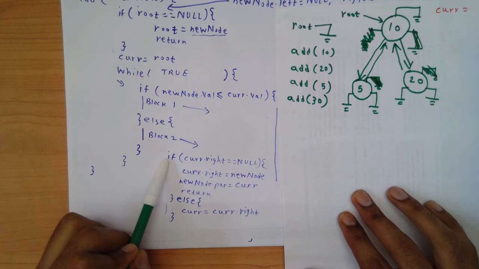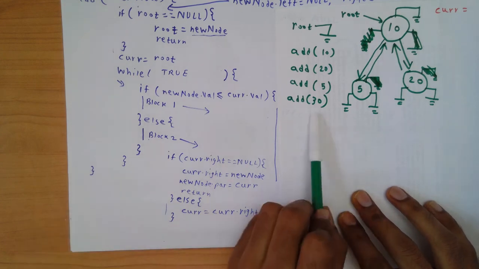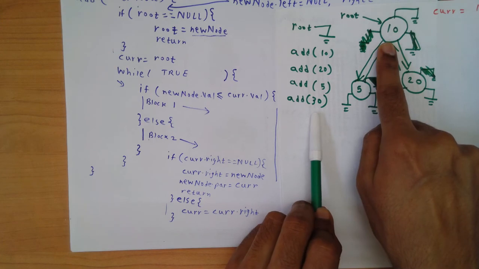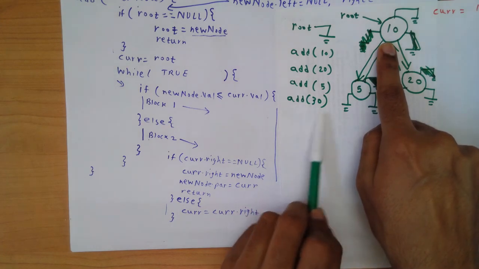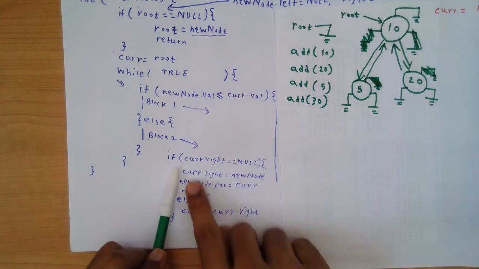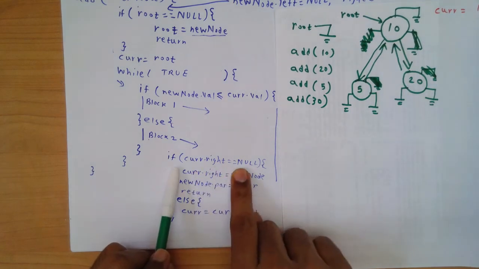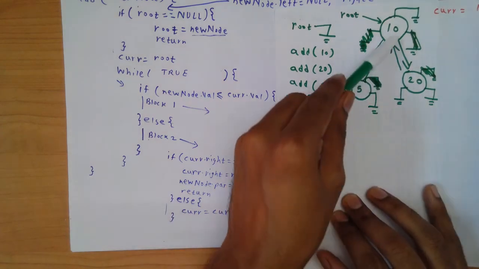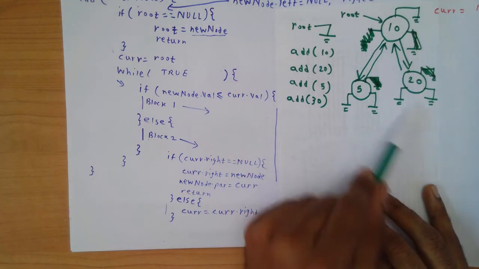So now I know that the value that I'm trying to insert, value 30, is greater than the value 10 in my current node. So the best case scenario is that I can simply attach this new node as the child of the current node. For that, I'm going to ask the question, is current dot right equal to null? Is that true? It's not, because my current has a right child, node 20.